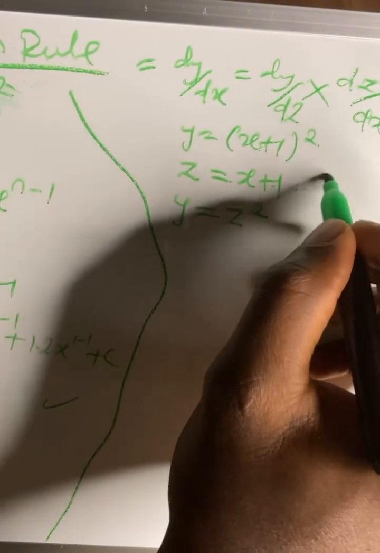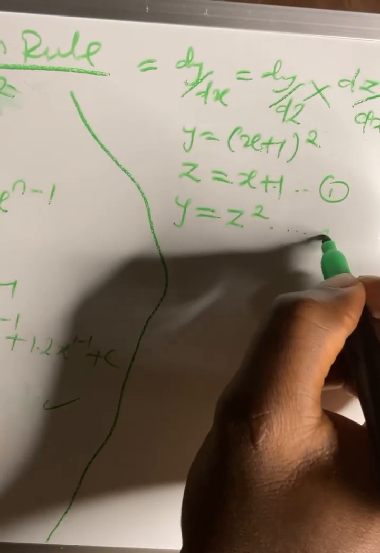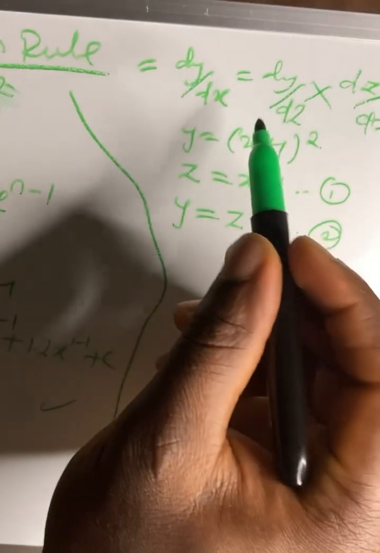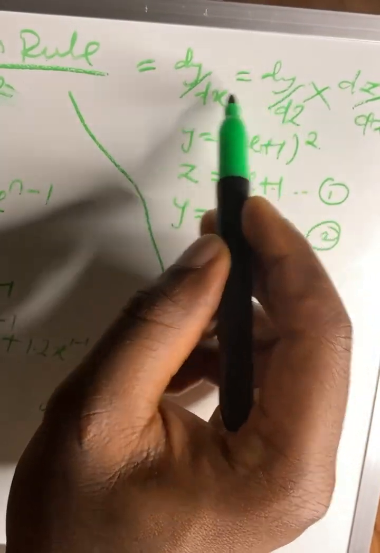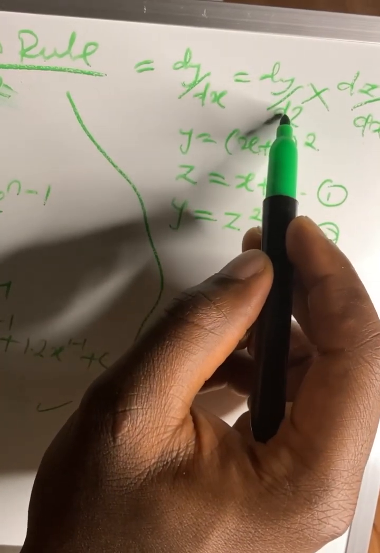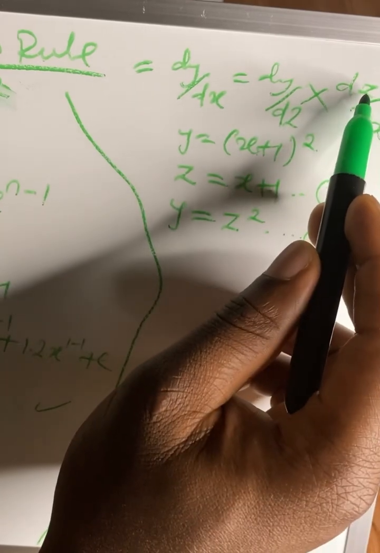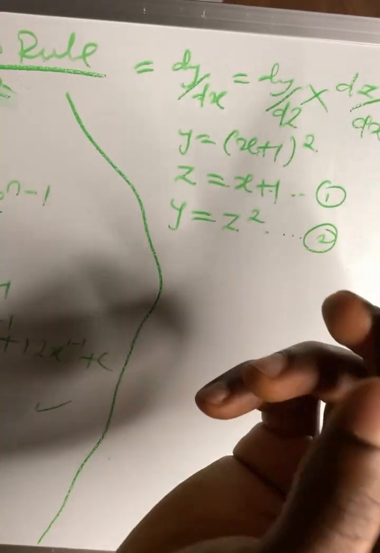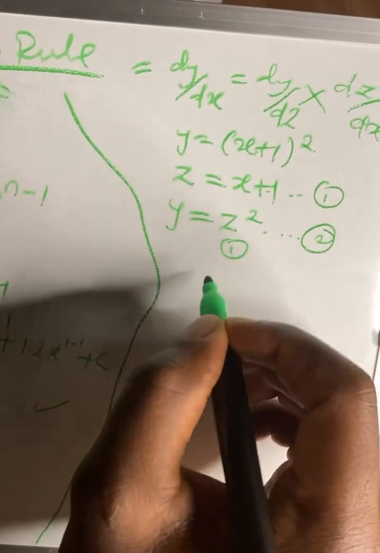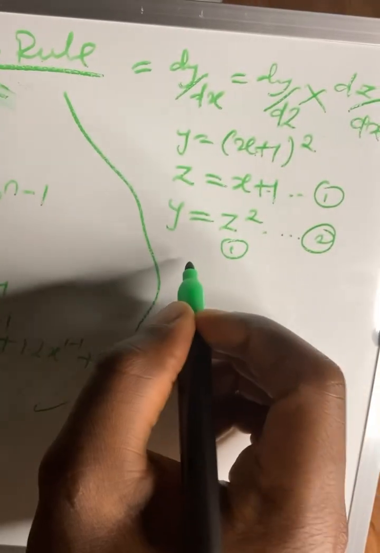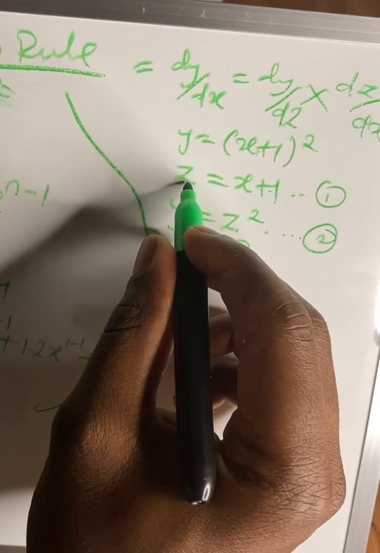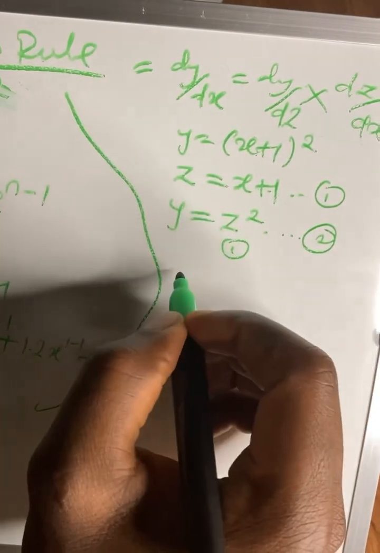Let this be 1, and this 2. So the constituents of our formula are dy dz and dz dx. So we will look for dy dz and also for dz dx. From 1, we can get our dz dx, because we are going to differentiate this one in respect to x.